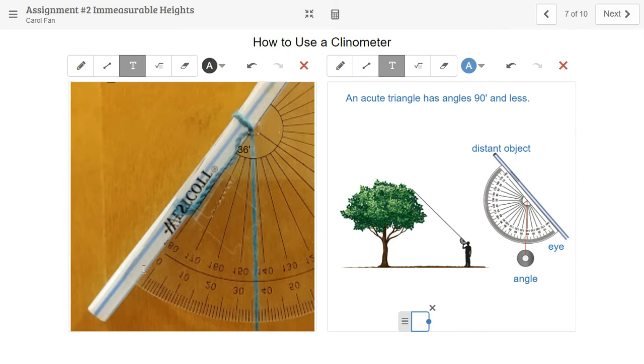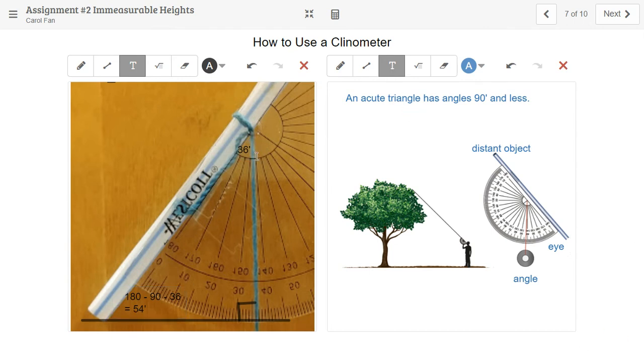If I wanted to find this angle, that's very possible. I have my 90-degree angle here, and this angle will be created by taking 180 minus 90 minus 36. Okay, so 180 minus 90 minus 36, and this gives us an angle of 54.